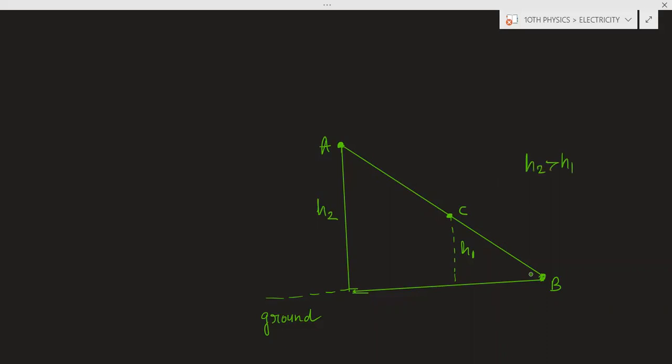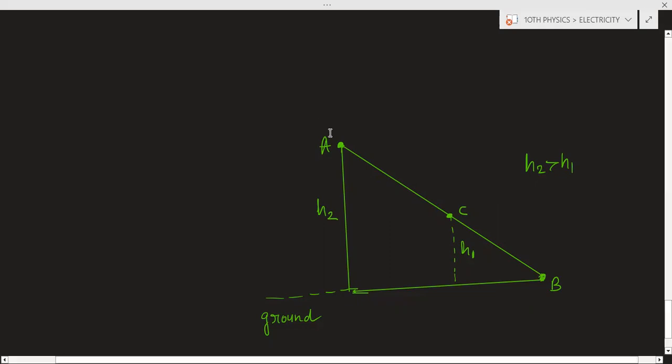Okay, so tell me one thing. If there is water on this surface, will the water flow from A to C or C to A? Naturally, the water will flow A to C or C to A?